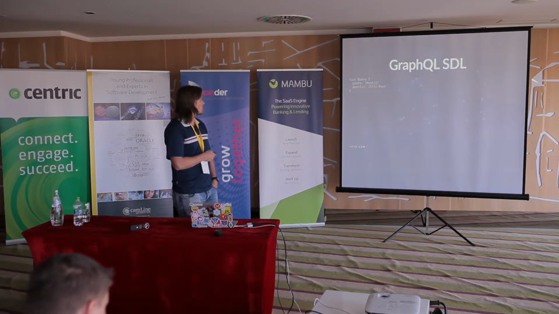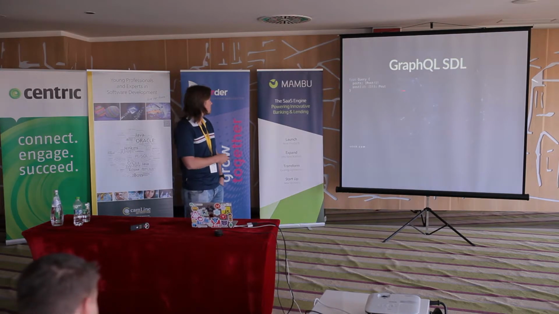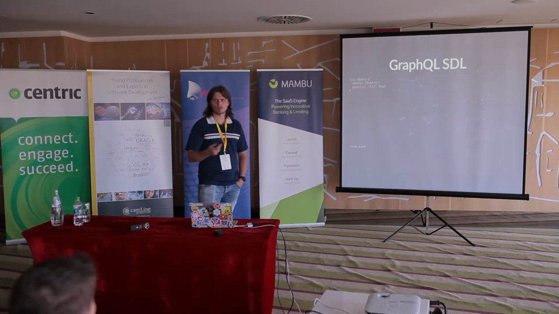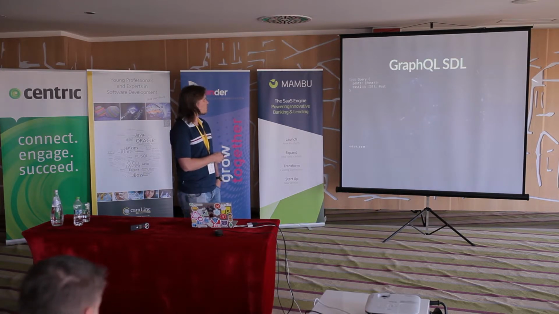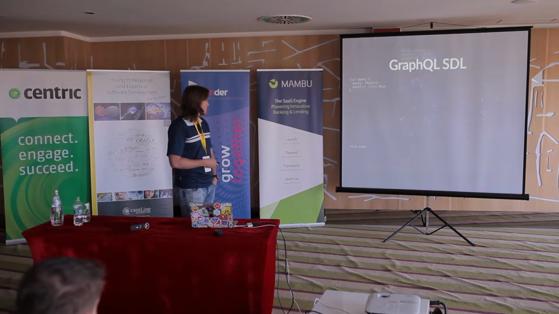And I also define post with ID that returns Post. What does it mean? If I query for posts, I will get a collection of posts. If I query for post and pass a specific ID, I'll get a specific post, right?